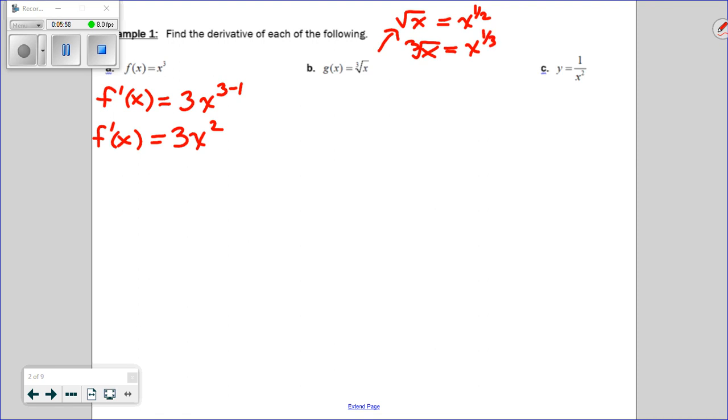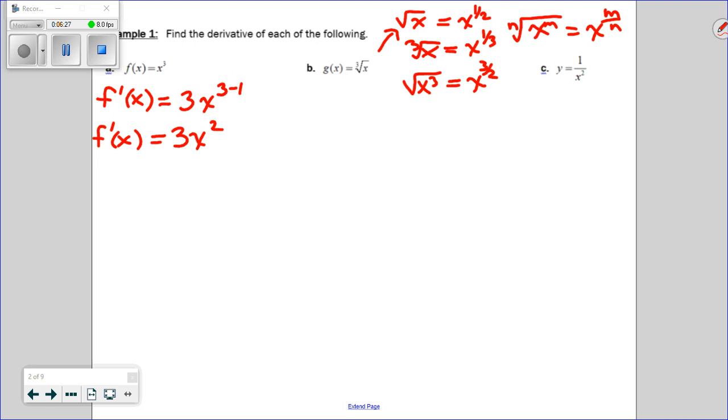And there's kind of a general rule that says if you have the, let's say, nth root of x to the m power, that can always be written as x to the m over n. Okay? So for instance, let's say you had the square root of x cubed. That could be written as x to the 3/2 power. Okay?